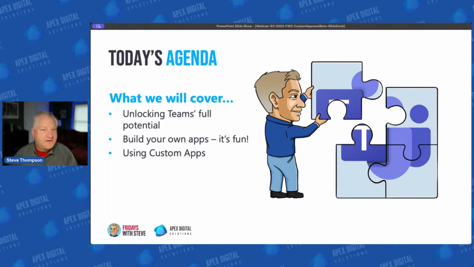So what we're going to be covering today is applications. All of us are incredibly well versed when it comes to the native functionality of Teams: chat, files, teams, channels, all that good stuff. We also talk a lot about some of the advanced Teams native functionality like phone, and really rich meetings and meeting rooms.